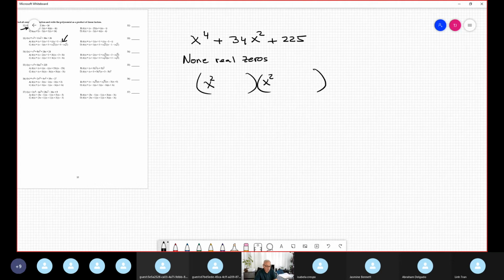And so I need to find a combination that maybe is a little bit hard. Two numbers that multiply each other to give me 225, and somehow, when you add or subtract, plus or minus, give me 34. And the combination is 25 and 9. Let me check it. 25 times 9 is 225, and 25 plus 9 is 34.